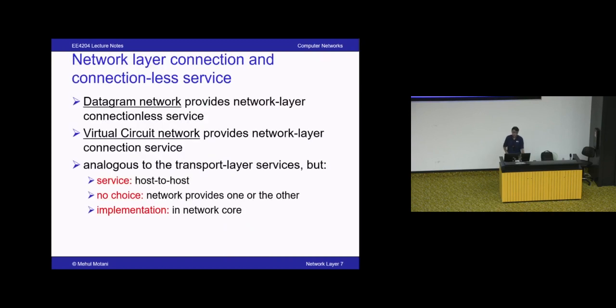We've already talked about circuit switching versus packet switching when we talked about internetworking. This idea also shows up here at the network layer, because depending on whether you're using circuit switching or packet switching, the network layer has to act accordingly.